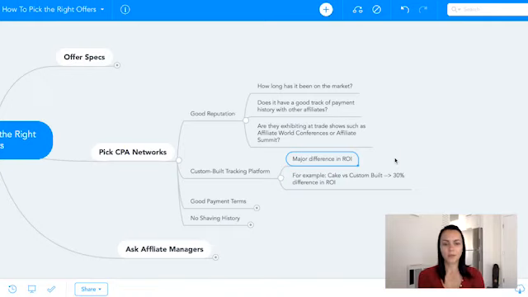What I found during my experience running through networks, usually when I don't run on Cake or any other platform which is pre-made for networks, I usually end up making more money when I work with networks who took the time and effort to custom build their tracking platform.